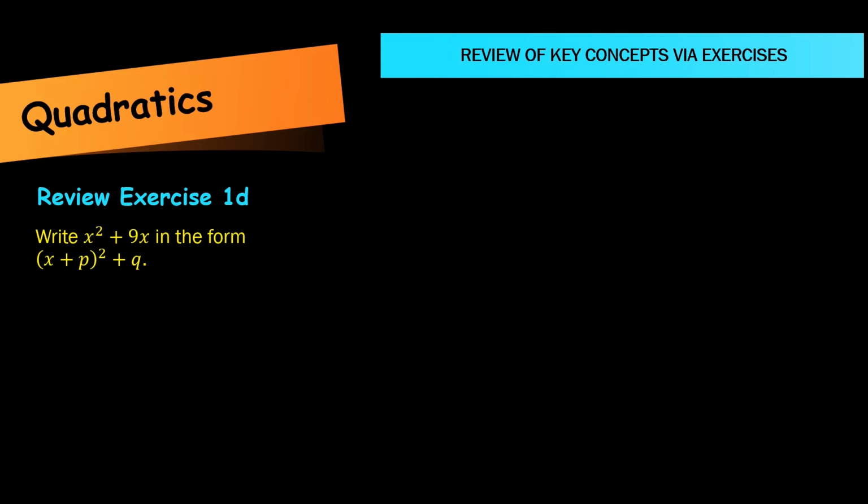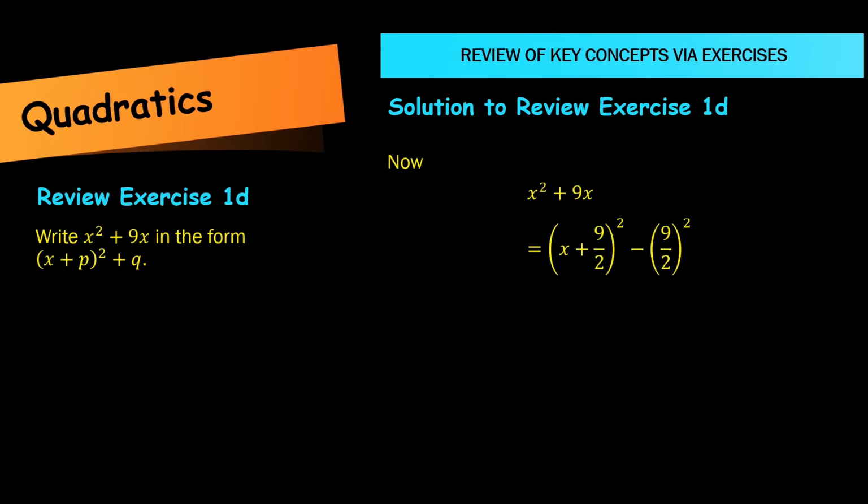Now for review exercise 1d. Write x² + 9x in the form (x + p)² + q. So let's solve this. Now x² + 9x is equal to (x + 9/2)² − (9/2)².